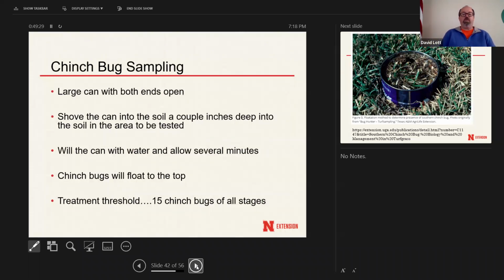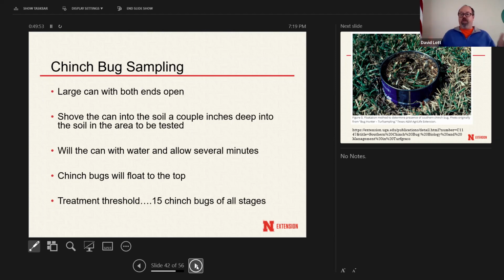And if you have 15 or more chinch bugs, no matter what stage they're in, from the first instar clear up to the adult, that's basically your threshold for treatment. Loosely.